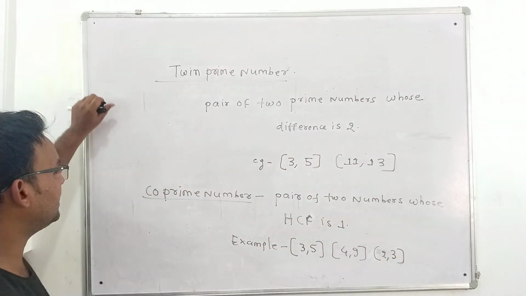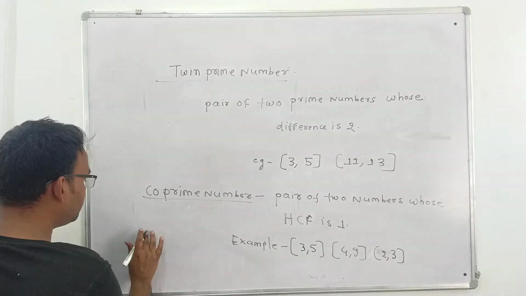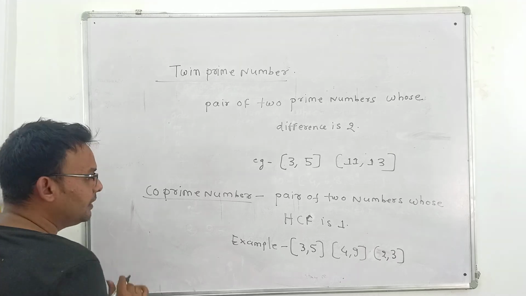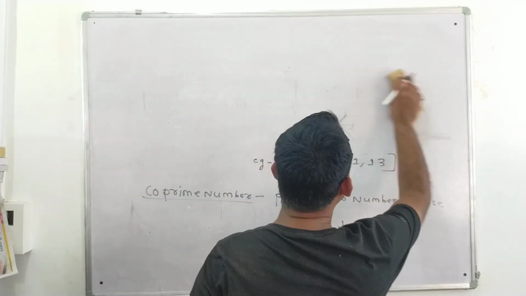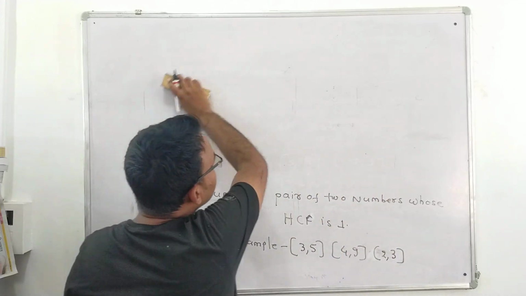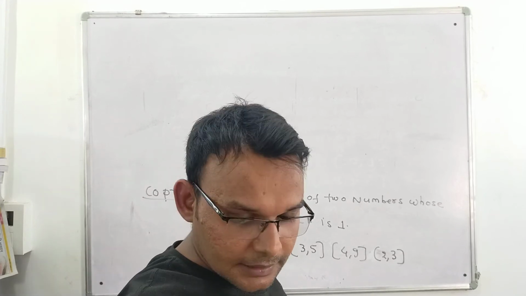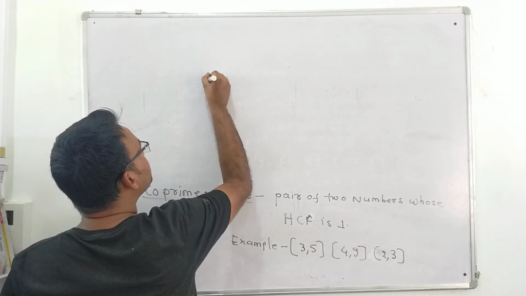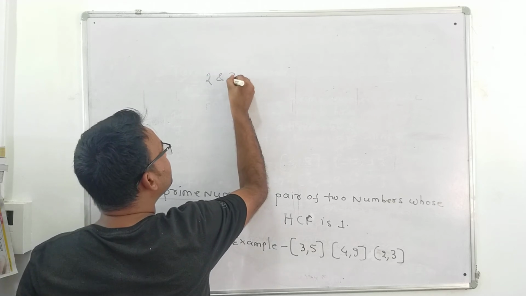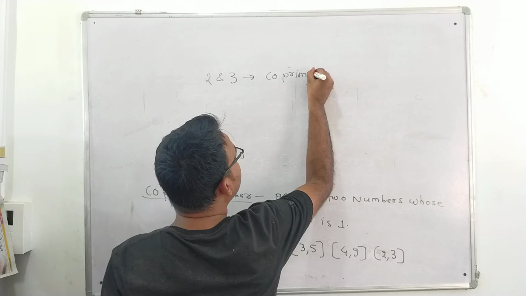Now, if any number is given to you, this property is used in divisibility. When you see division, then this property is used. Suppose 2 and 3 are co-prime numbers.